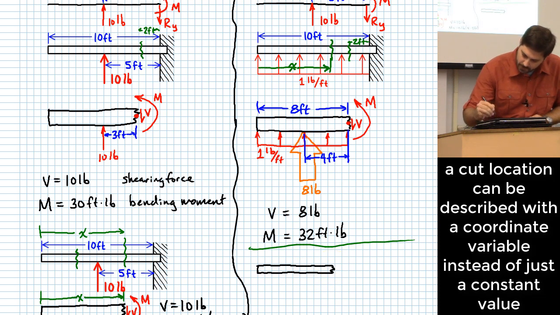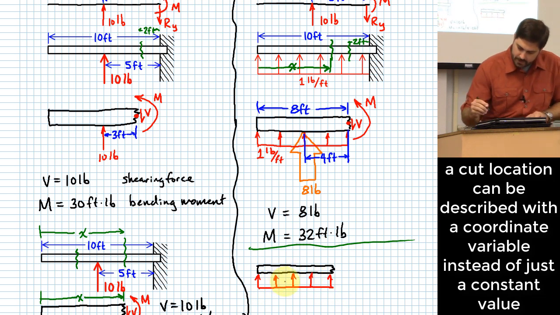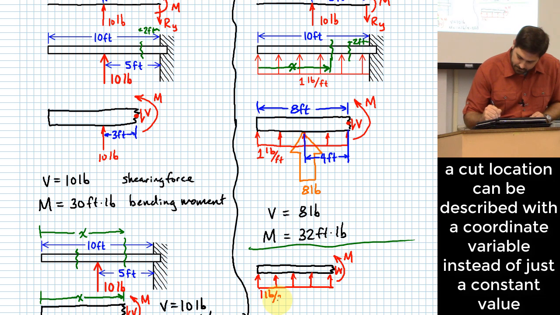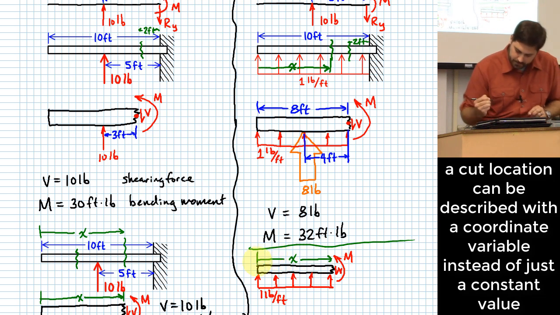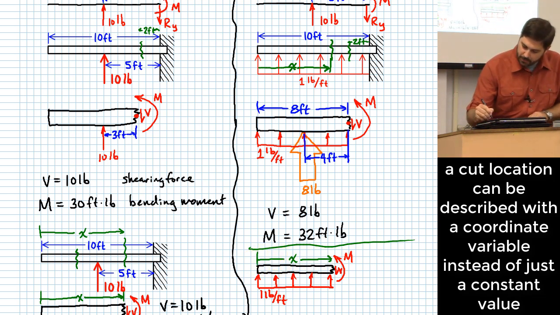Okay. Well, now it's going to have this load all the way across. It's going to have a reaction here. It's going to have another, so that'll be V, and we'll call this M. This is 1 pound per foot, and this is X. So the first step we can think about mentally is, again, lumping the load.